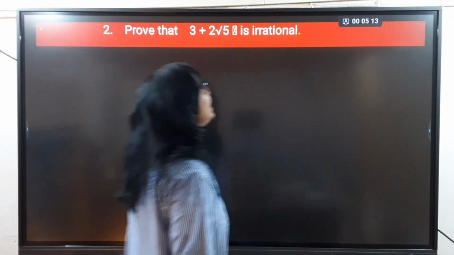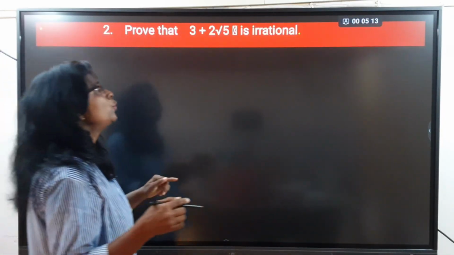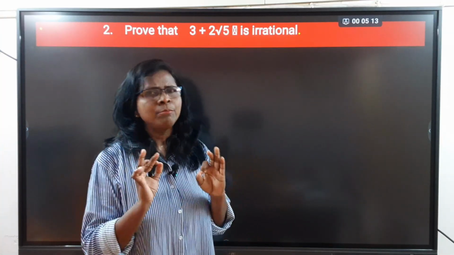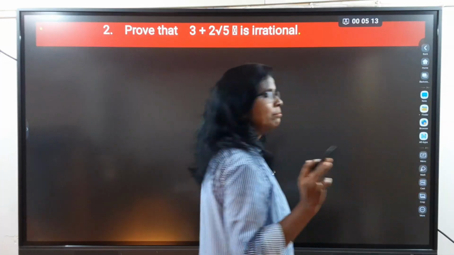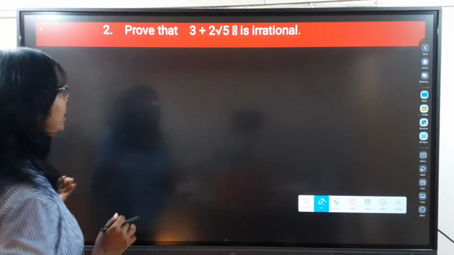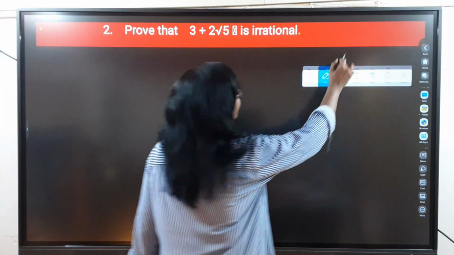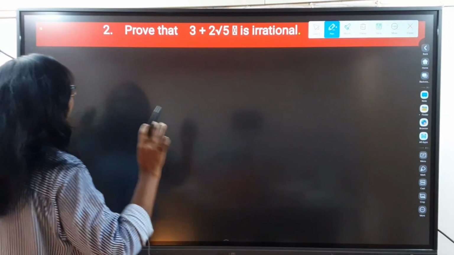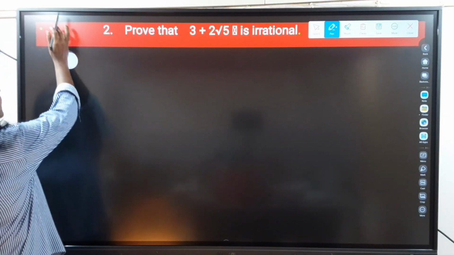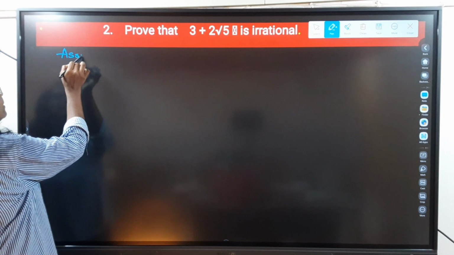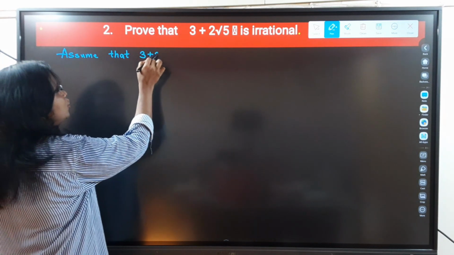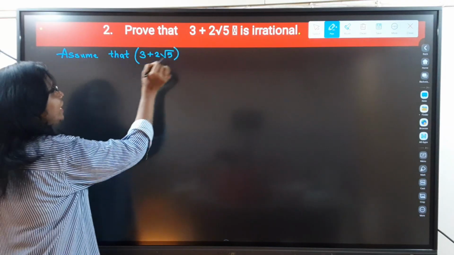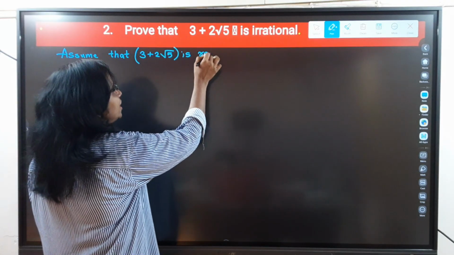The next example is: prove that 3 plus 2 root 5 is irrational. Same to same, copy to copy example students. The steps are the same as the earlier example that we saw. So first our assumption: assume that 3 plus 2 root 5 is rational.